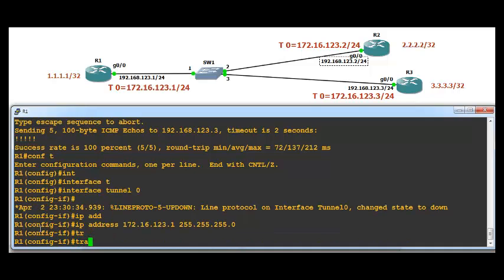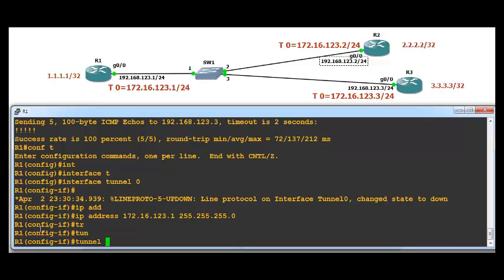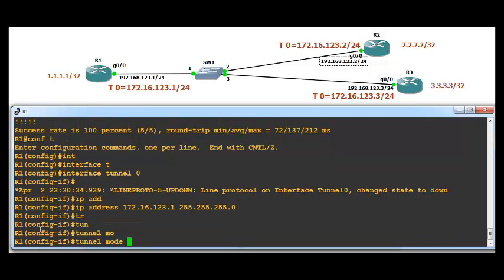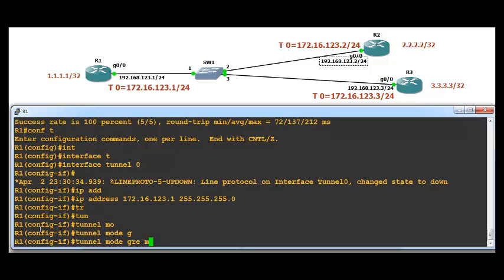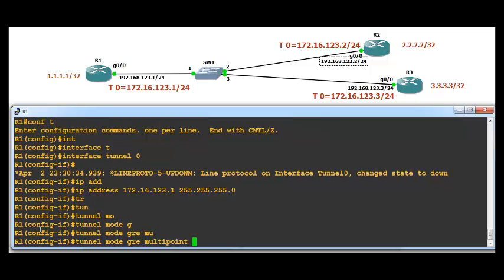As I told you, tunnel needs to be tuned to this mode called GRE multipoint. Why? We are doing DMVPN. So we got multipoint GRE, dynamic multipoint VPN. If you don't say this, it will be a point-to-point GRE.